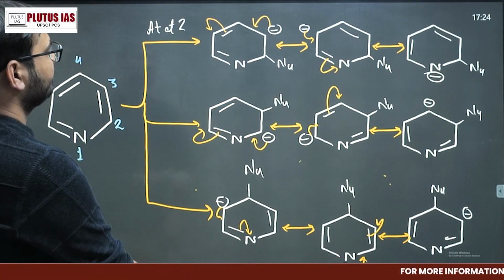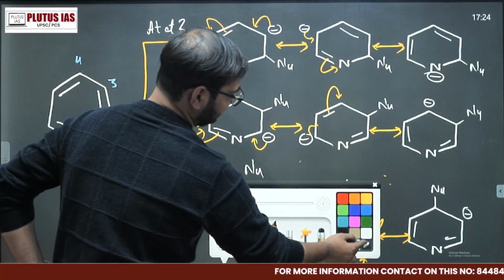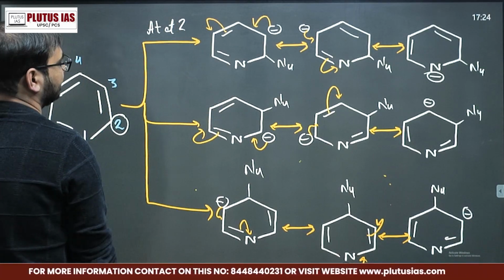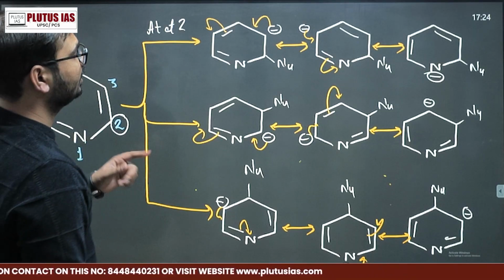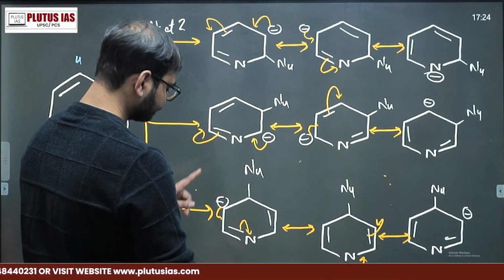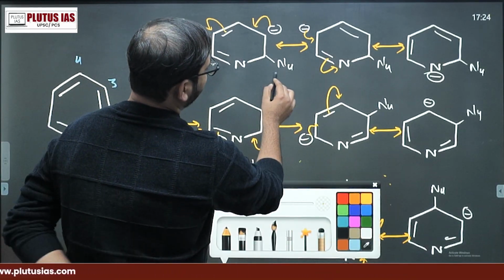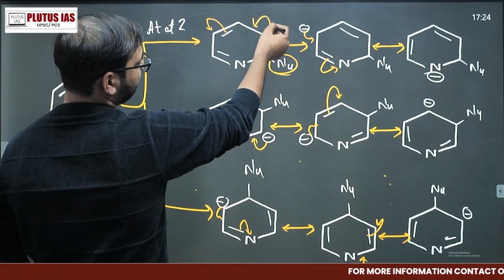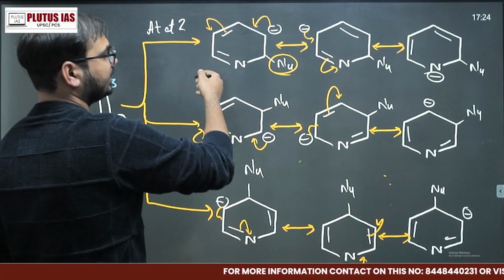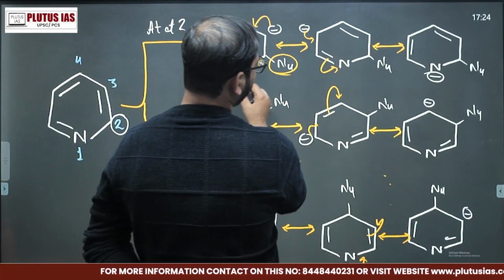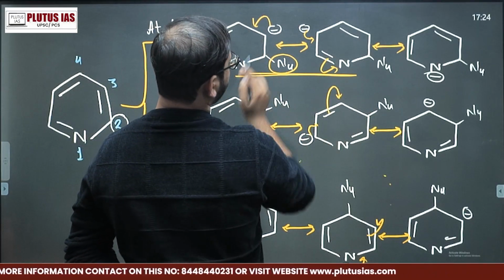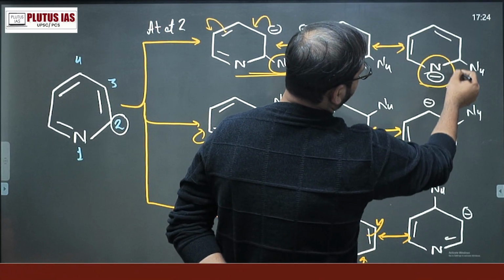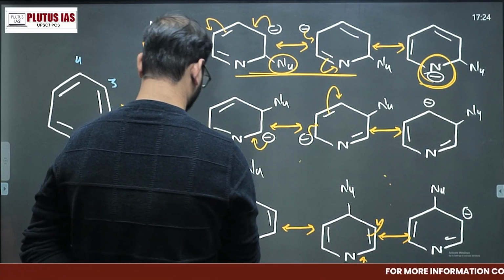In order to decide the preferentiality, we can look at different resonating diagrams. First, if the attack takes place at position number 2, then when the nucleophile gets attached to this position, the negative charge will shift to this side, then to the other side, and to the other side. In all the resonating forms, you will find that the negative charge is present on carbon, and in only one case the negative charge resides on nitrogen.